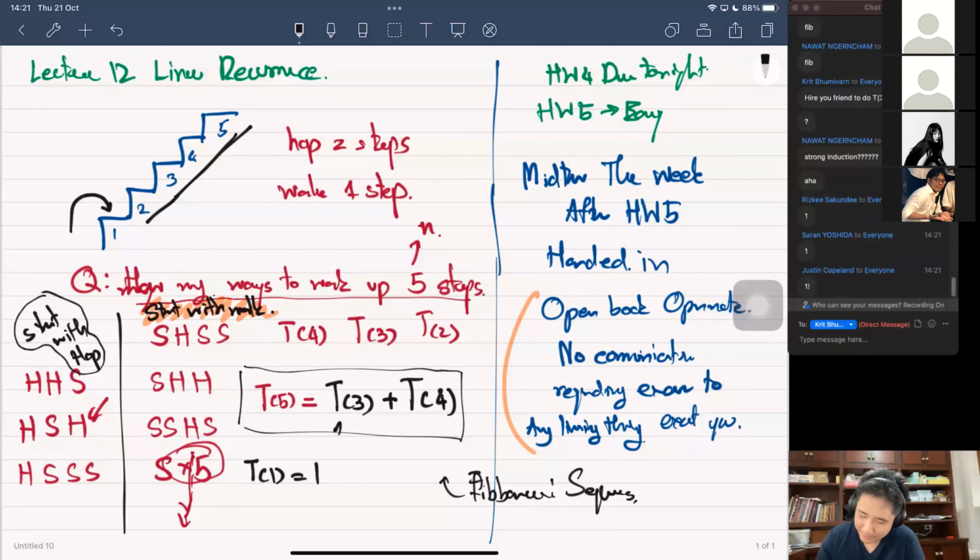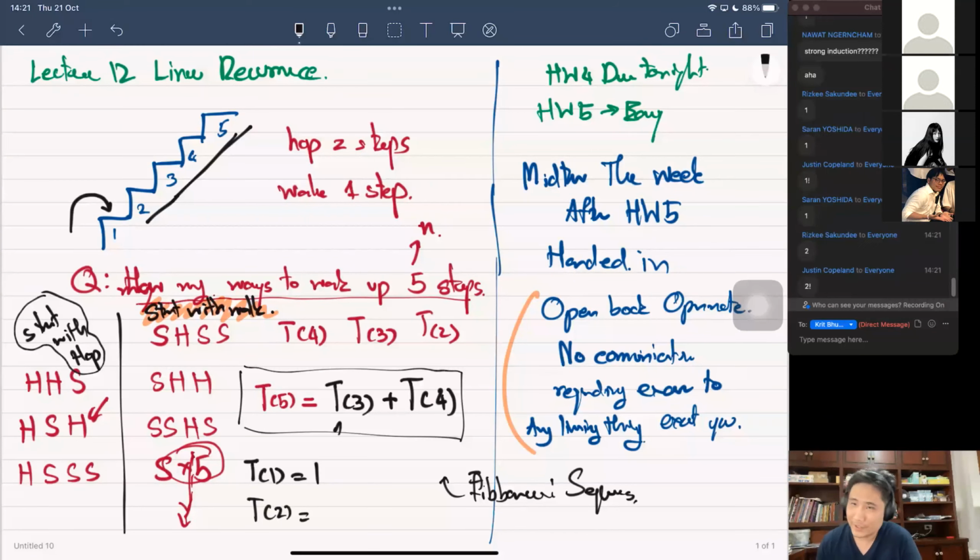What about T2? It's 2, it's either step or hop. That's all. And then you know you can generate all the rest. For example, T3 is going to be 3, because it's T2 plus T1, and T4 is going to be 5. So T5 is going to be 8, and so on. Are we good?